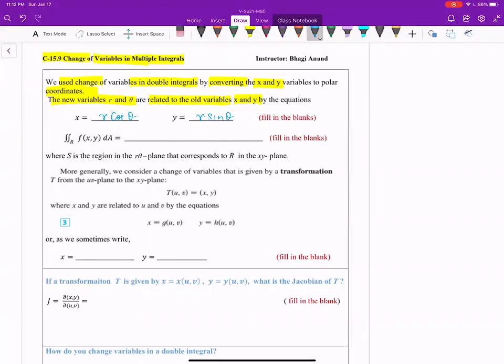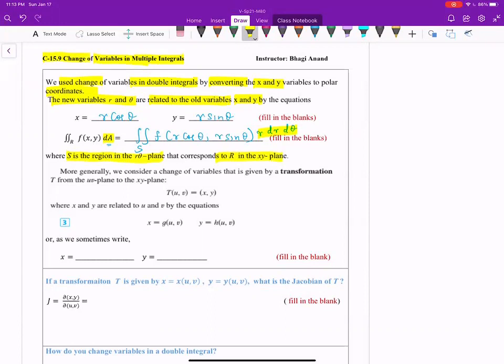And the double integral over R of f of x, y dA becomes the double integral over S of f of r cosine theta, r sine theta, then you know that dA changes to r dr d theta in polar, where S is the region in the r theta plane that corresponds to R in the xy plane.